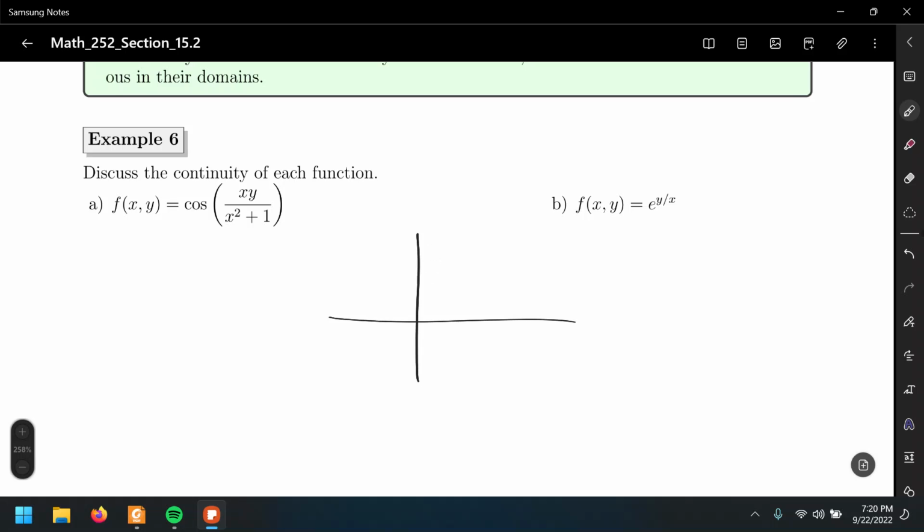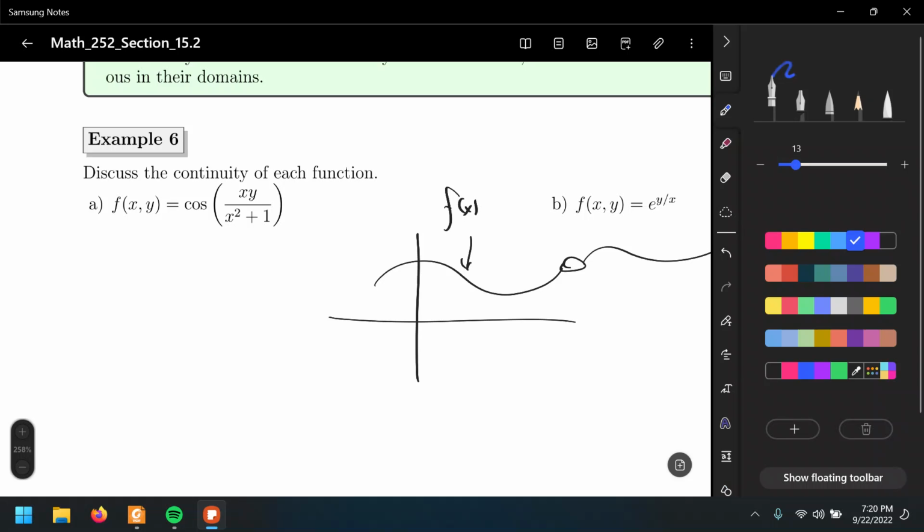So number 1, this represents f of x, from Calc 1, just a single variable function.